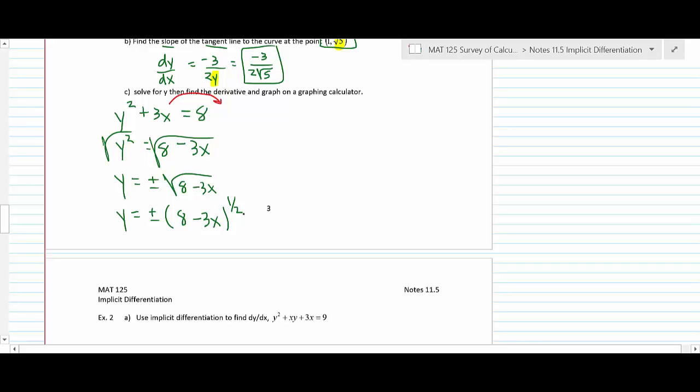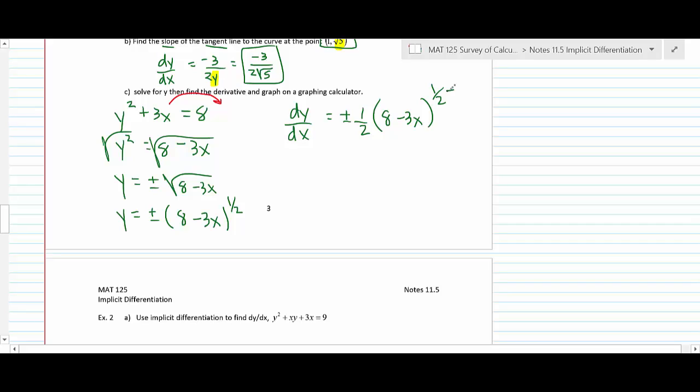Then we're going to see if we can get the slope of the tangent line at this curve, and we'll look at the graphing calculator. When we have that plus or minus, we can just leave that in there. So if we're doing dy over dx, it's chain rule. We're going to bring down the 1/2. So you'll have plus or minus 1/2, (8 minus 3x), subtract 1 from the exponent.